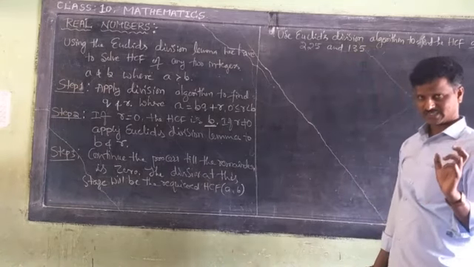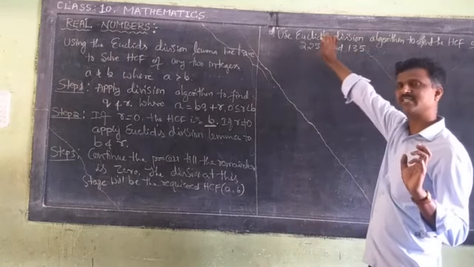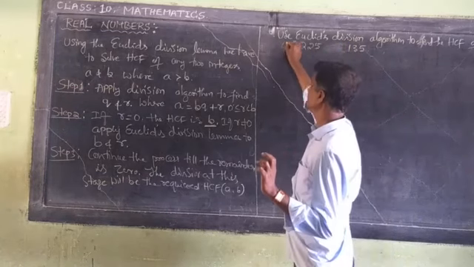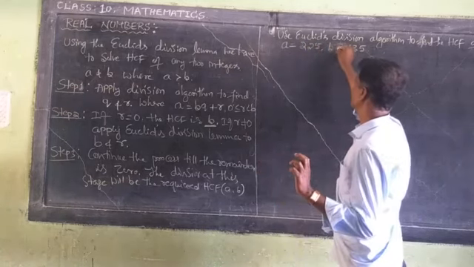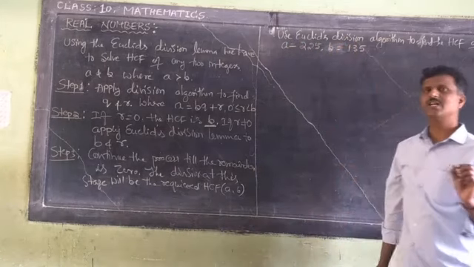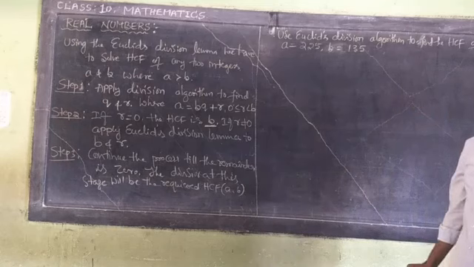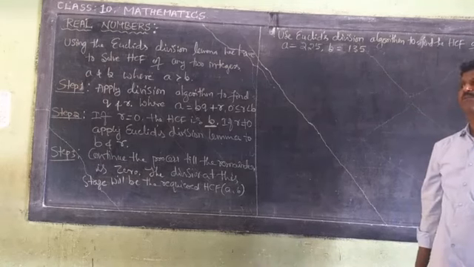So, I already said one can be taken as A and another can be taken as B. So, you have to consider 225 as A, 135 as B, because A is always greater than B. You should consider the greater number as A and the smaller number as B here.